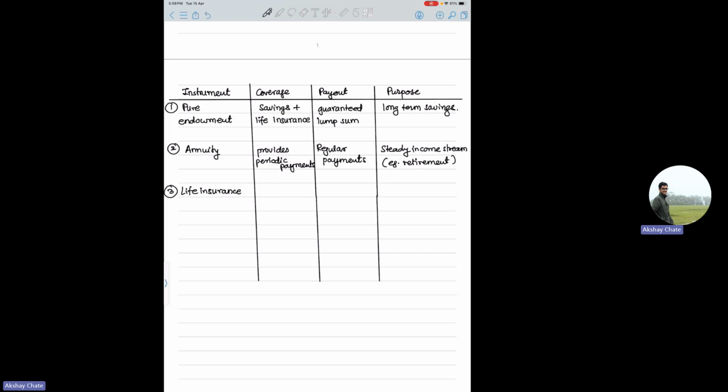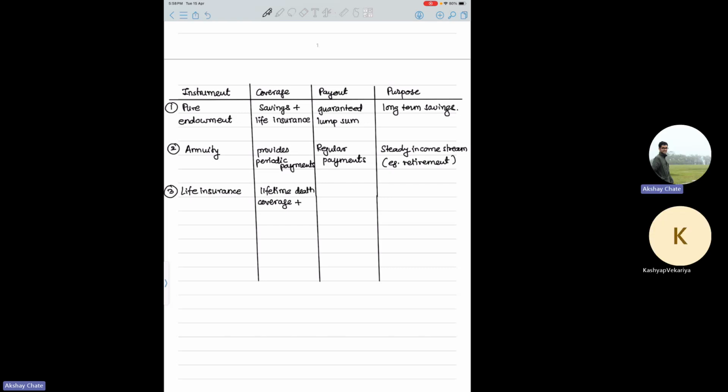For life insurance, you usually have lifetime coverage. And you can have some cash component also. So lifetime death coverage, plus in some cases you can have some cash component also. Okay, so you may receive some cash component after a certain period of time depending on the terms.